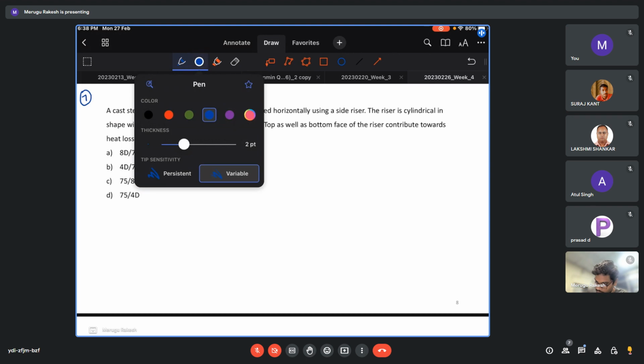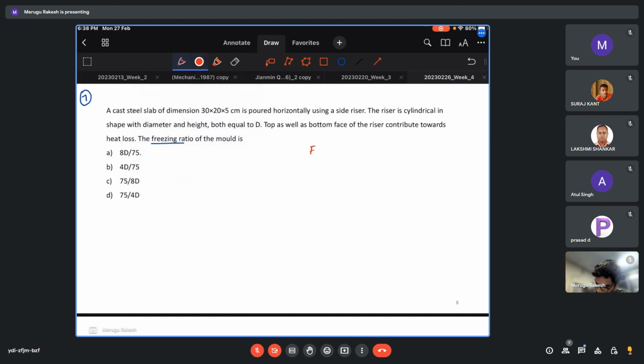So I will give a hint for these freezing ratios. Surface area by volume of the casting divided by surface area by volume of the riser.